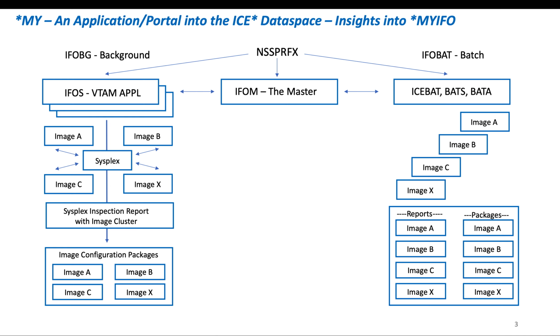The advantage of IFO BAT is that during its inspection process, we can actually compare, on the system that it's executing on, the content of 6 or 8 specific ParmLib members against the actual in-memory content that the system is operating on. We call these dynamic changes, and those dynamic changes are critically important to the future IPLs of your system, particularly if you're considering using something like IPL boost in the event that there's some sort of IPL failure and you need to recover quickly.